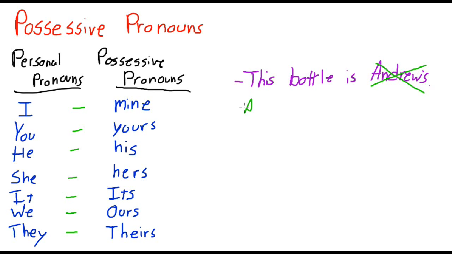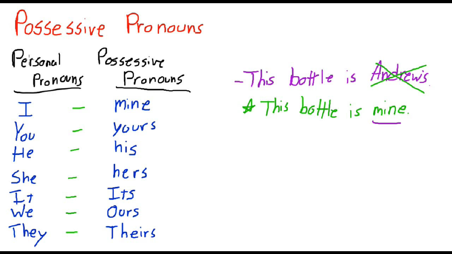So the correct way to write this sentence would be this bottle is mine. Especially if I'm speaking. I don't want to refer to myself in third person. It's not a common practice in English. And that's exactly what a pronoun does, correct? Pronouns replace words. They replace names.